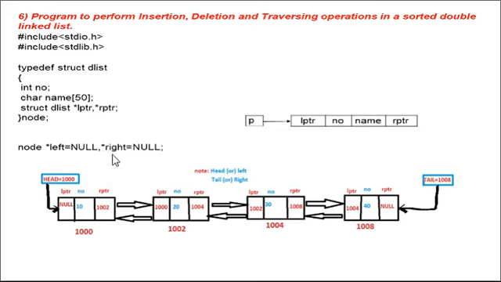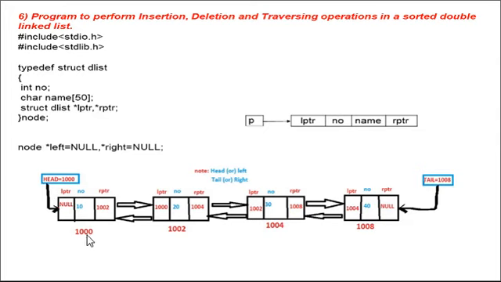Like that, the right pointer always points to the rightmost node in the list, and it is also called the tail pointer or last pointer. The left pointer, start pointer or head pointer always points to the first node in the list.